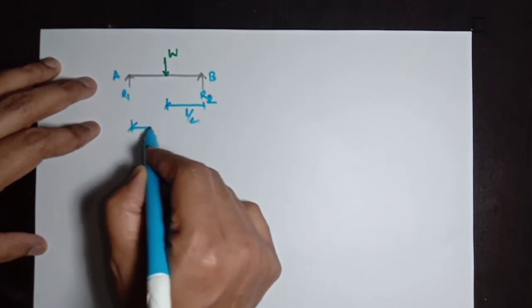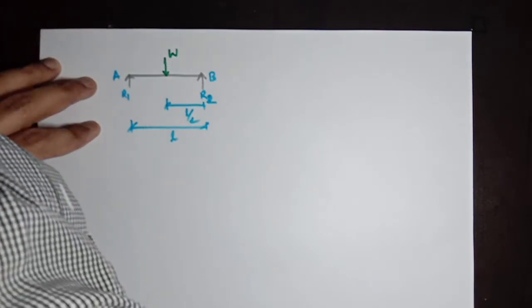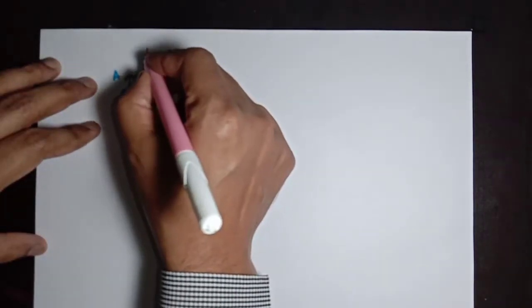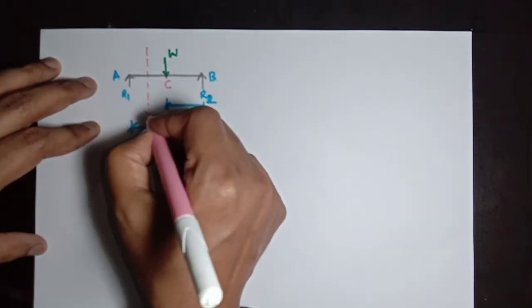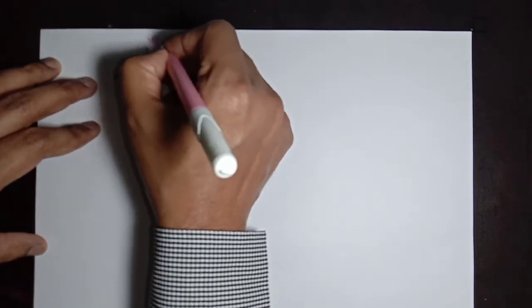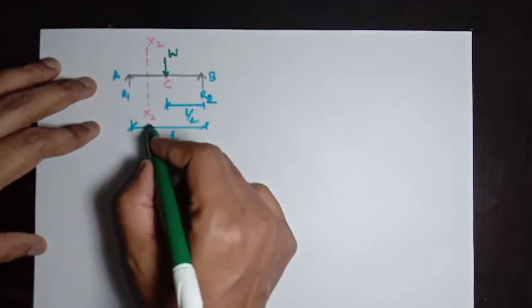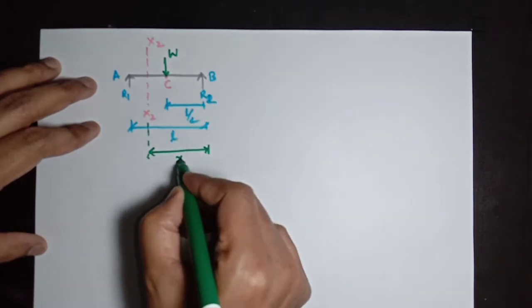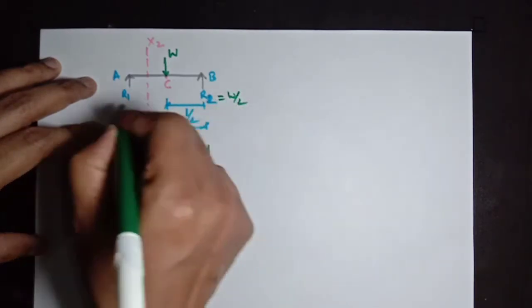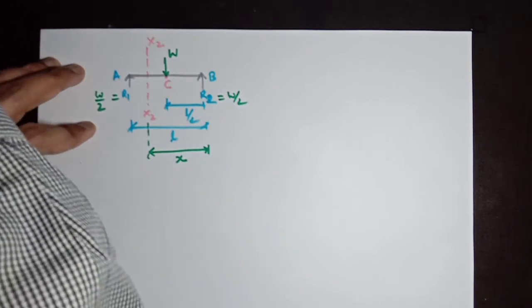L by 2, total length is L. Now we are taking a section left of the point C. This point is C. This section will be x2, x2, taken at a distance of x from support B, and R2 is W by 2, and R1 is also W by 2, as we have calculated.